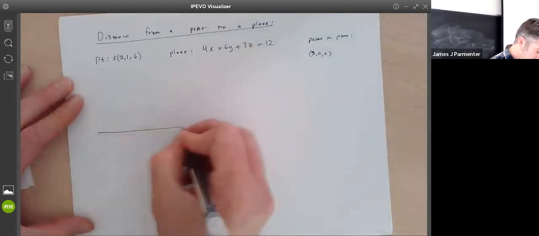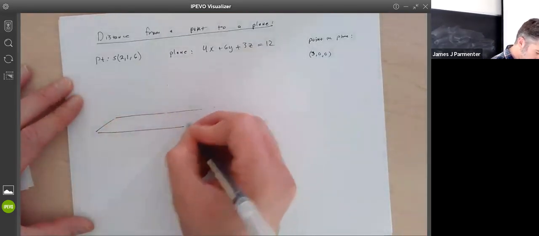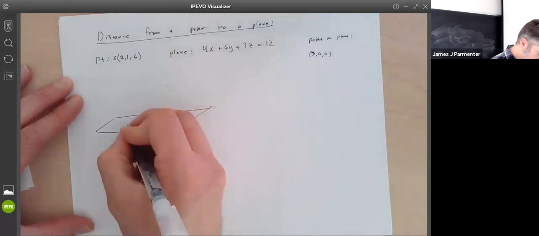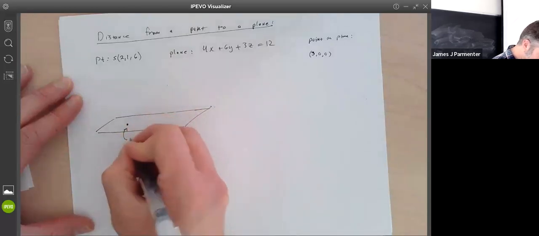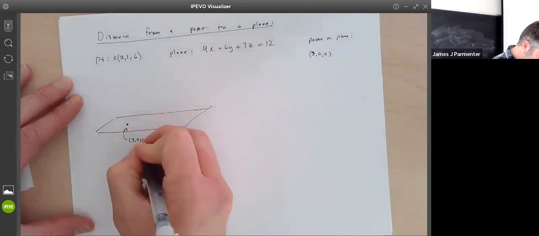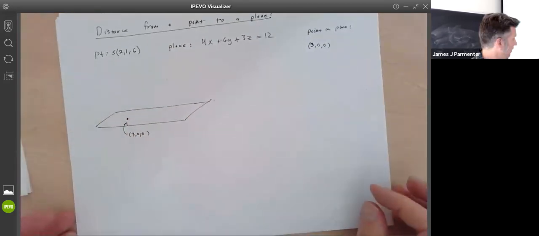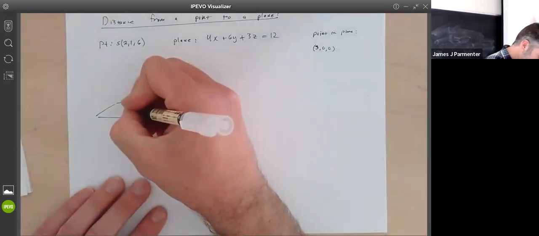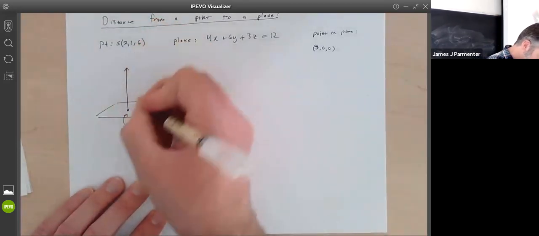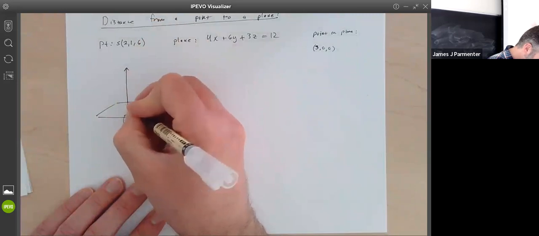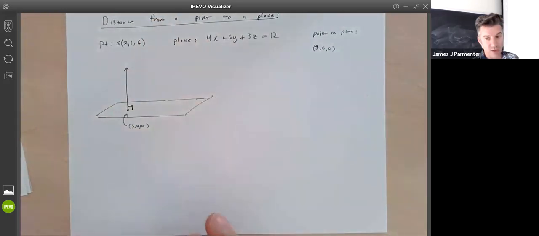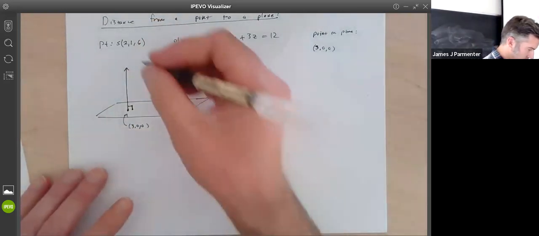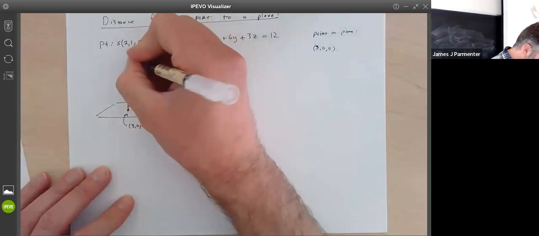So we've got our plane, and here's a point in it, the point 3, 0, 0. And we're going to draw two vectors. We're going to draw one, the normal vector. And someone should be able to tell me what direction this normal vector is in.